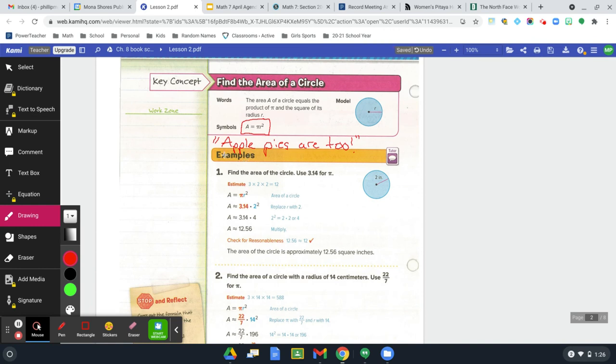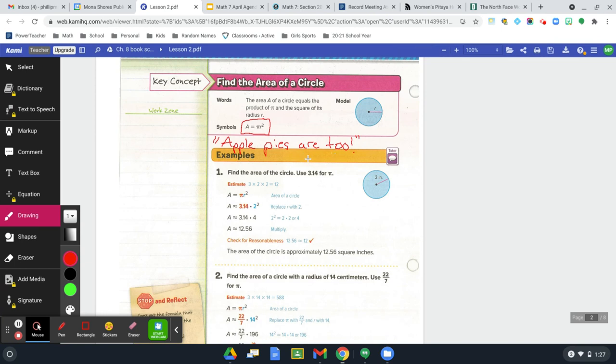The way I'm using this is the A in apple stands for A, area, in the formula. Pies is standing for that Greek symbol pi. R is the radius. And the 2, the exponent of 2, too.